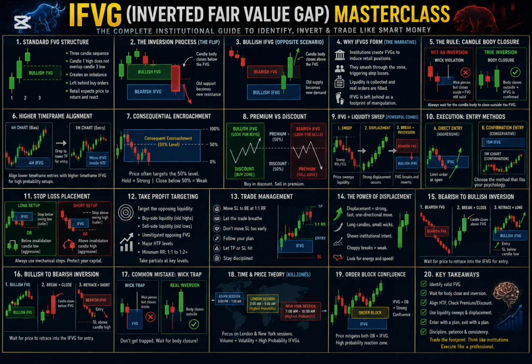Success. Let's look closely at how to properly place your protective stop loss using this step. When trading an inverse fair value gap, your stop loss must be placed using a strict mechanical rule. Never place a random stop loss based on your emotion or how much money you want to risk.